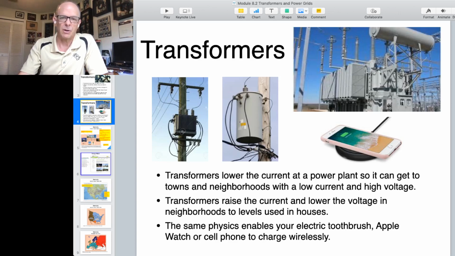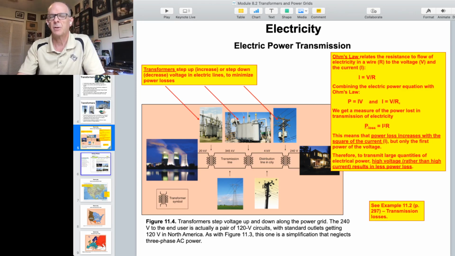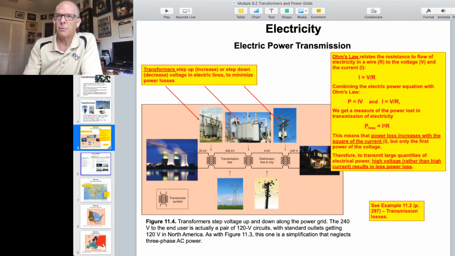And then the picture of the cell phone there shows that the contactless charger just has this current sloshing back and forth in that pad, and that induces a current in the battery charging circuit in the phone. So that's what a transformer does, and the reason it's useful is to reduce power losses in transmission.